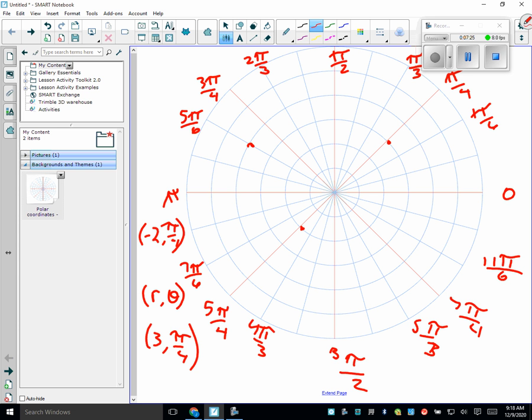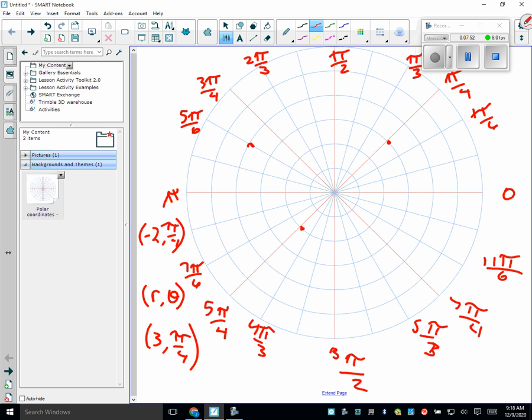Okay. What if I had negative 3, negative 4 pi over 3? Where is negative 4 pi over 3? Quadrant 3. Oh, it's a negative, so it's quadrant 2.